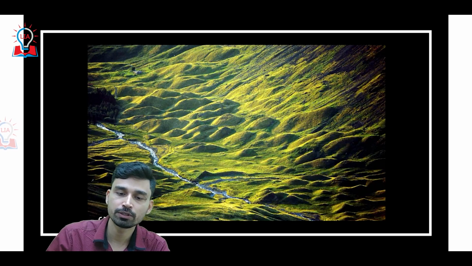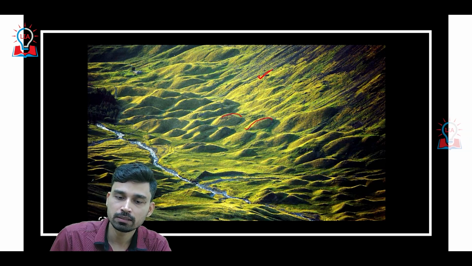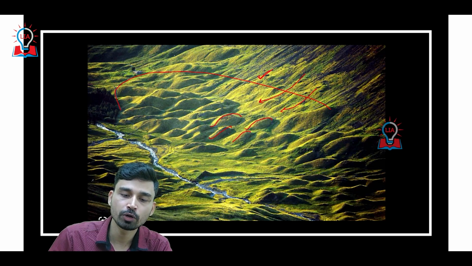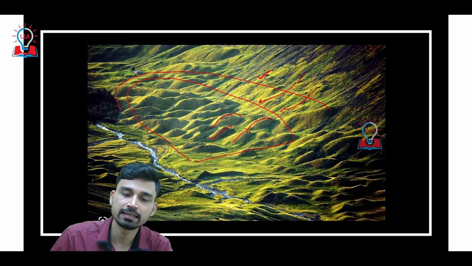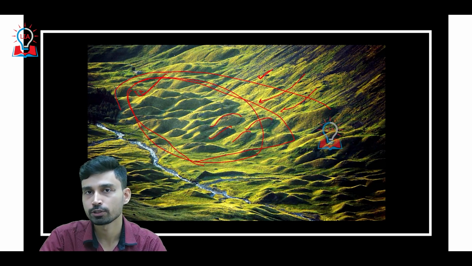To show you the actual picture, this is a picture taken in Scotland, and as we can see, this is one drumlin, this is the second drumlin, third drumlin, fourth drumlin. All across this region, just at the foothill of this mountain slope, you can see the deposition of this glacial till, and collectively this area can be referred to as basket of eggs topography.